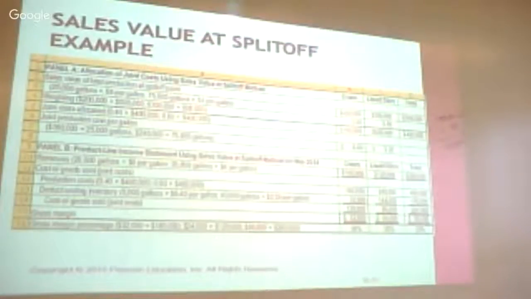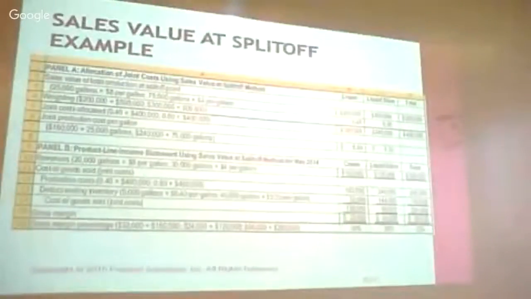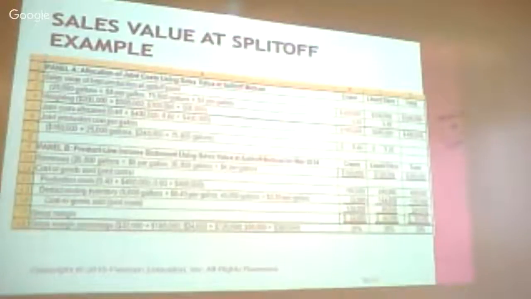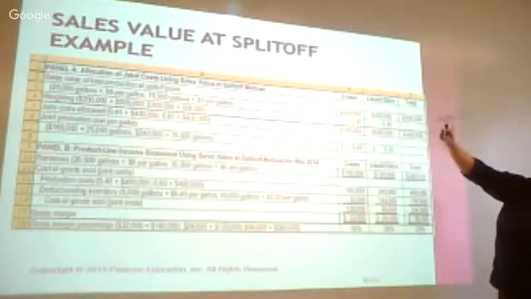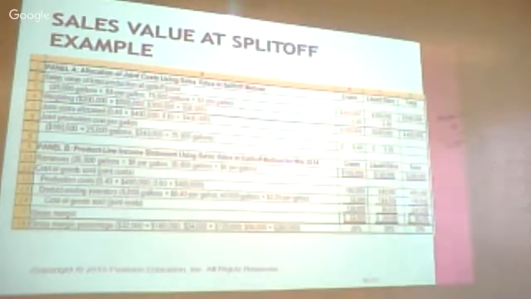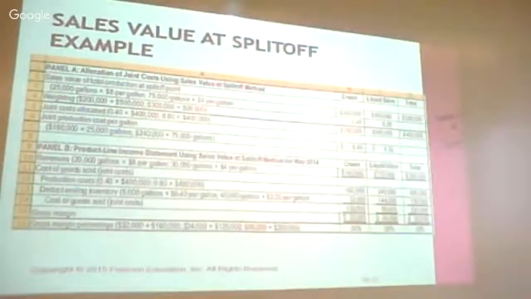And then I take the 240 divided by the 75,000 gallons, and I get $3.20. Okay? So basically what I'm doing is this 400,000 produced 25,000 gallons of cream, 75,000 gallons of skim. And so now I'm getting a cost per gallon of each one. Okay? Does everybody see that? Yes, no, maybe.